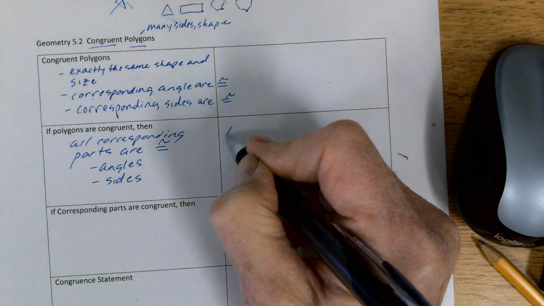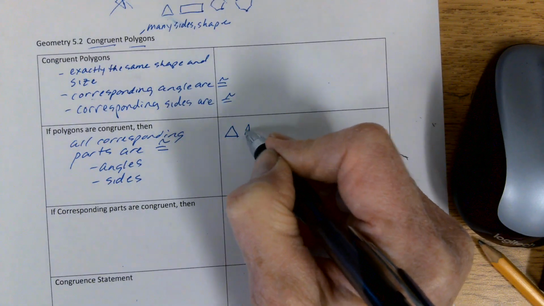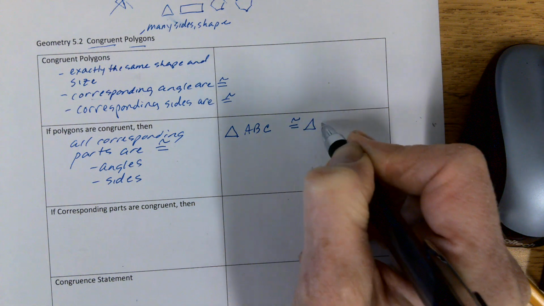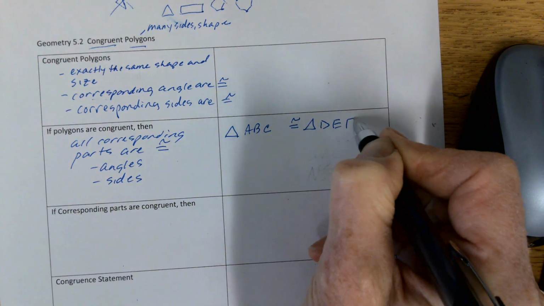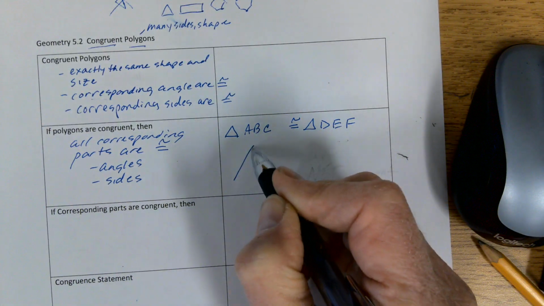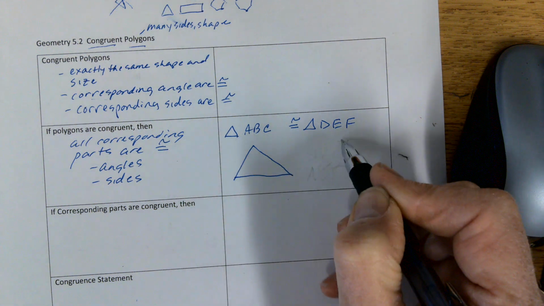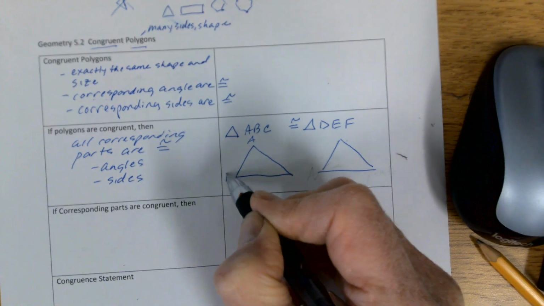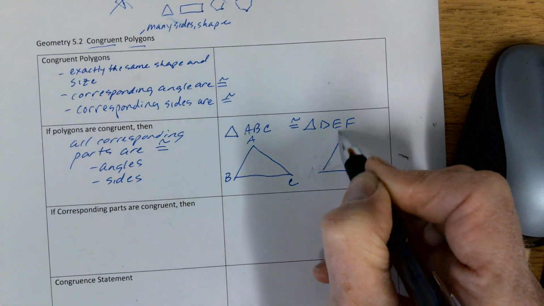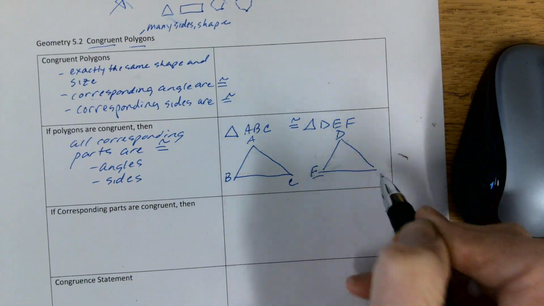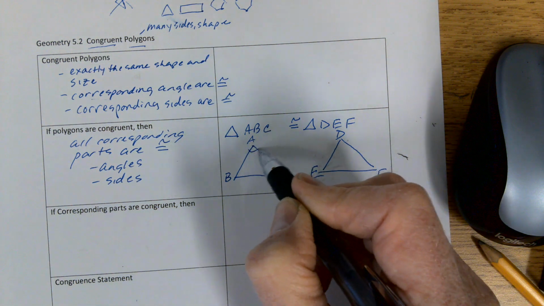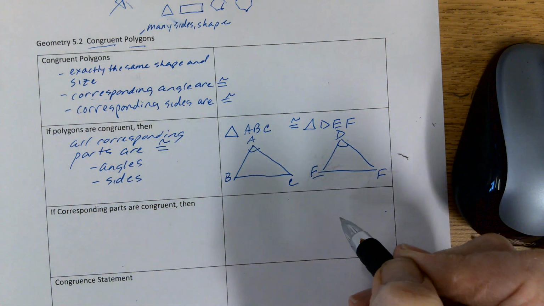I tell you that triangle ABC is congruent to triangle DEF. When we're saying that, A, B, C, D, E, F, that means the angle A matches up to angle D and they're congruent.